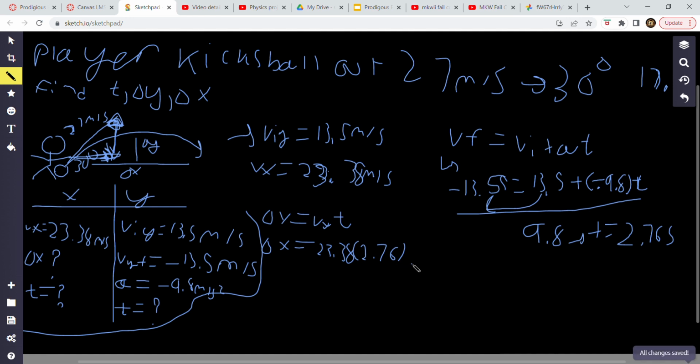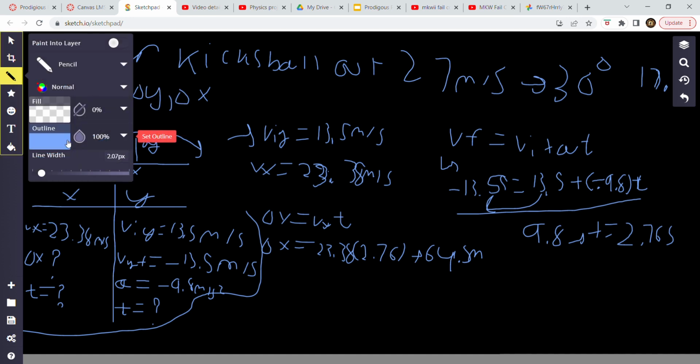For that, we're going to get 64.5 meters.